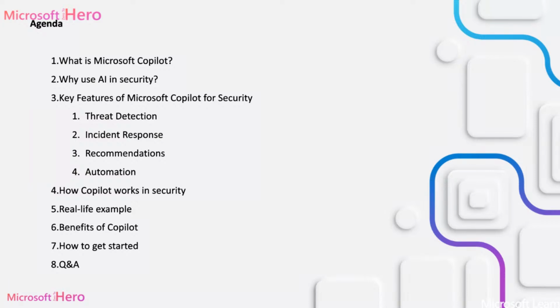Agenda. Before we dive in, let me give you a quick overview of today's agenda. We will start with what Microsoft Copilot is and why using AI in security is important. Then we will cover the key features of Copilot, including threat detection, and incident response recommendation and automation.